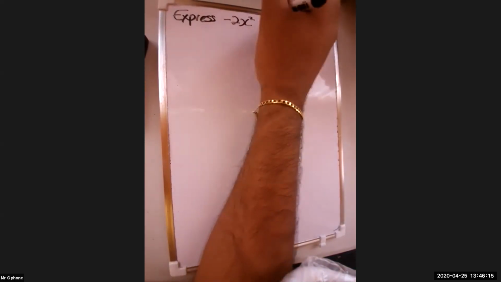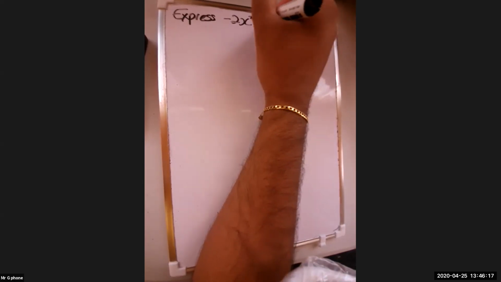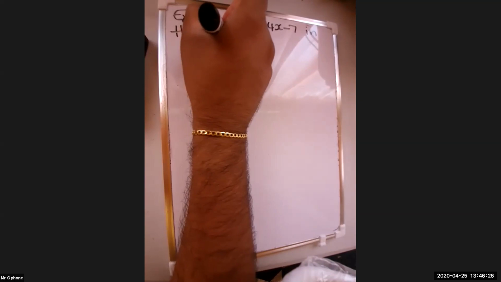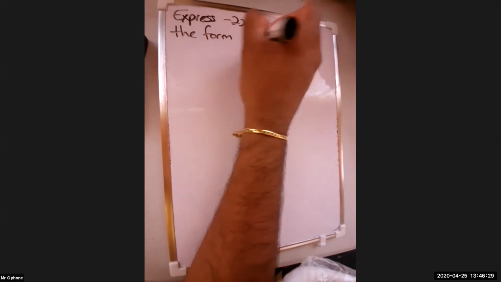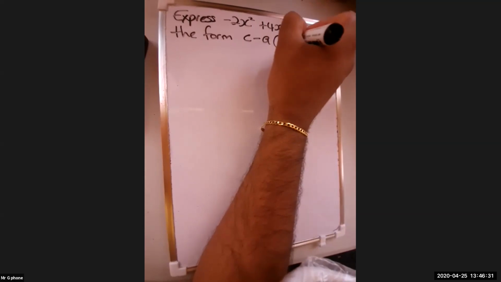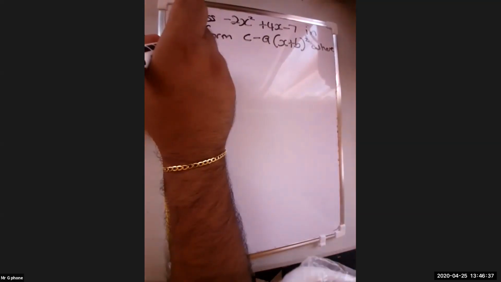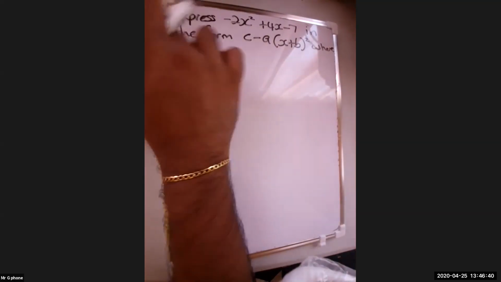Just a minute. Right. So express negative 2x squared plus 4x minus 7 in the form c minus a into x plus b, squared, where, no, that's all.